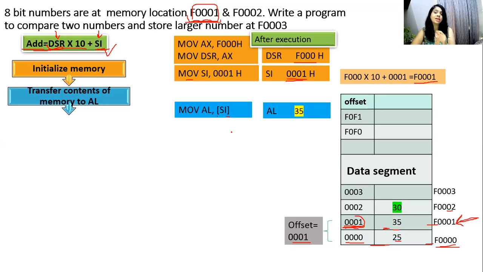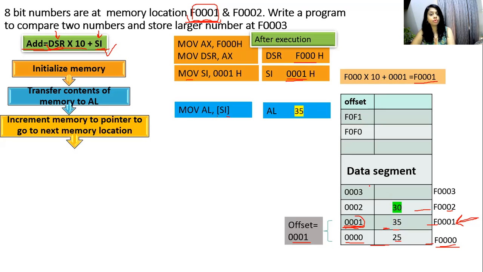Now what is next? We want to compare. One number is in AL and the other number is in memory, at F0002. We want to compare these two numbers, so we have to go to the next memory location where the second number is stored. For that we should increment the contents of SI, because it is the next pointer, that means the next offset.